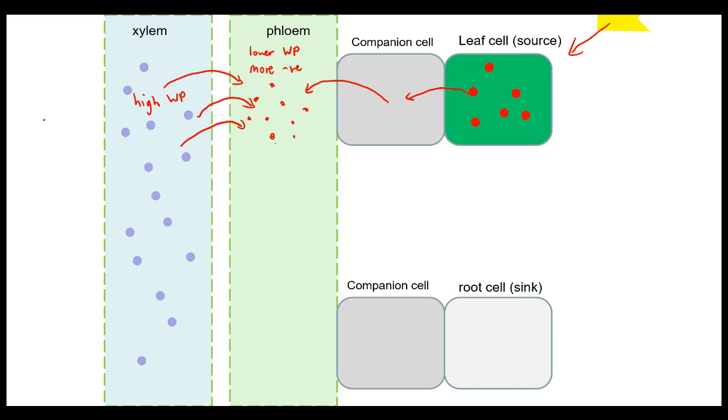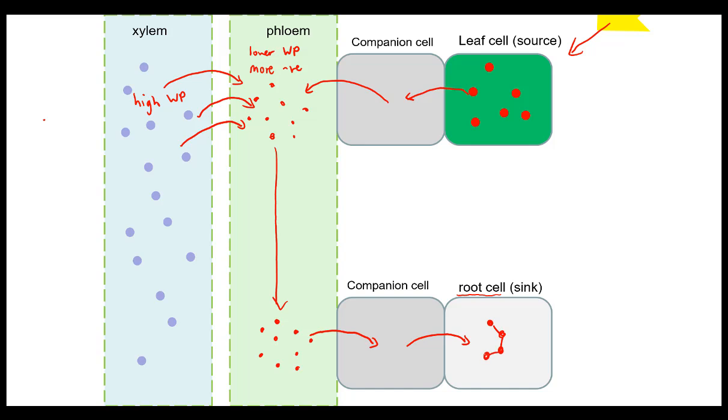When the water moves, it actually creates a solution here, which is pushed downwards to, in this case, the root cell, which is the sink where it's going to be stored. And then we've got this sucrose, which is moved down, which then moves to the companion cell, to the root cell, where it gets stored as starch.